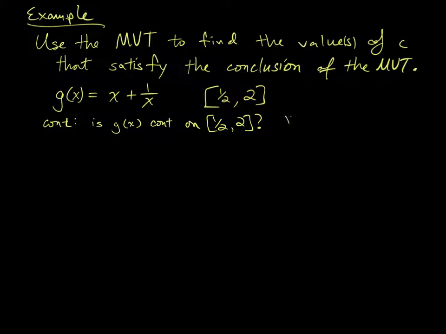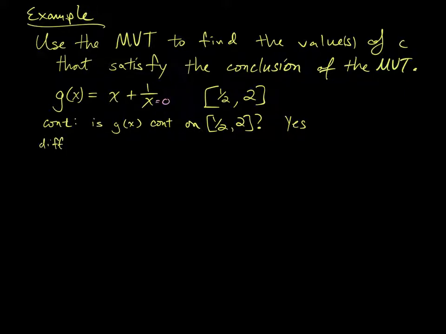And the answer here is yes. That's because the one number that we are not allowed to use for x is 0. If you take the denominator and set it equal to 0, you get x equals 0, and that is not on the interval. So this function is continuous on the interval 1/2 to 2.